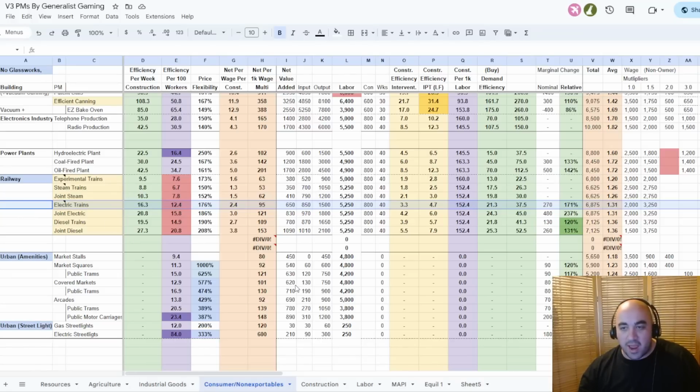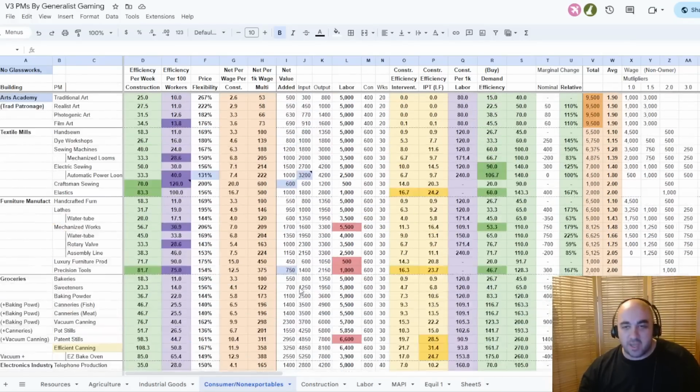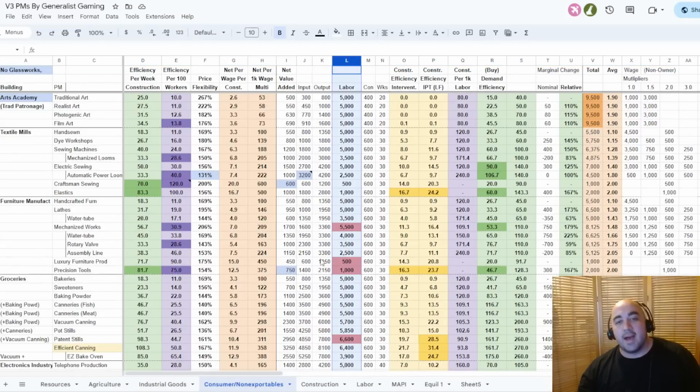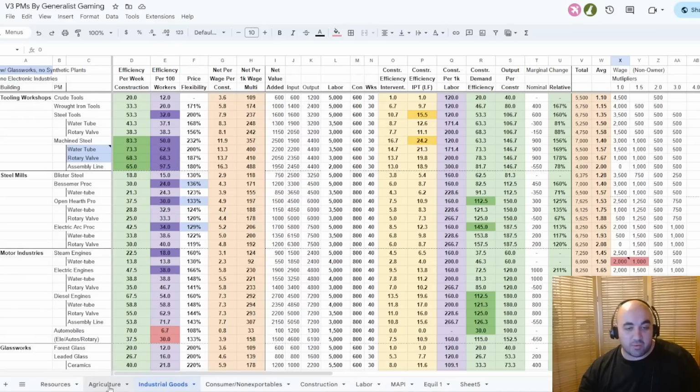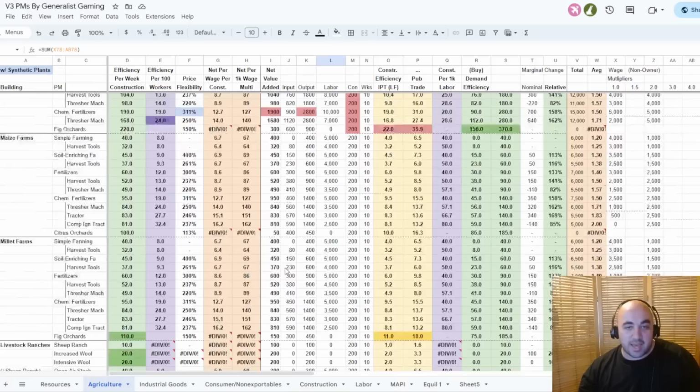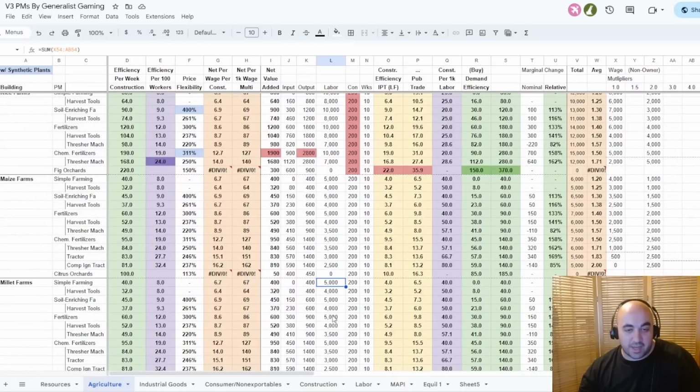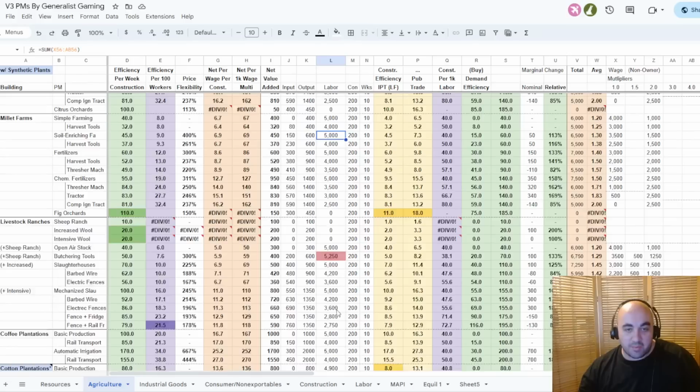I don't think that there were any other substantive changes to PMs as far as I can remember. There might have been a few changes to which guys are working in specific places. Specifically, capitalists and aristocrats were pulled out of every building and were replaced by other workers, generally speaking. I think that everything is just pretty universally like 5K labor.